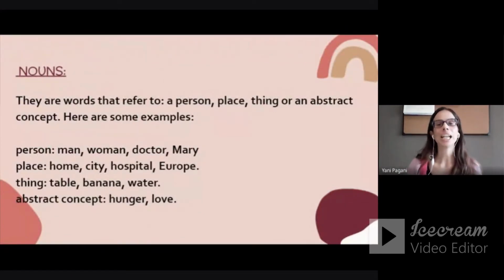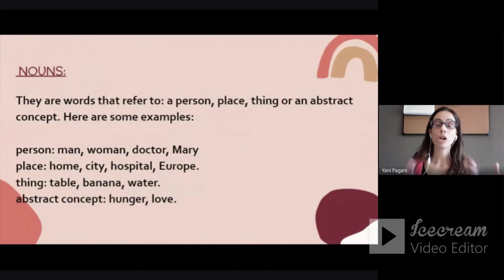Well, first, let's begin by saying what a noun is. Nouns are words that refer to people, places, objects, and abstract concepts. Here we have some examples. Nouns that refer to people are man, woman, doctor, maybe a name like Mary.